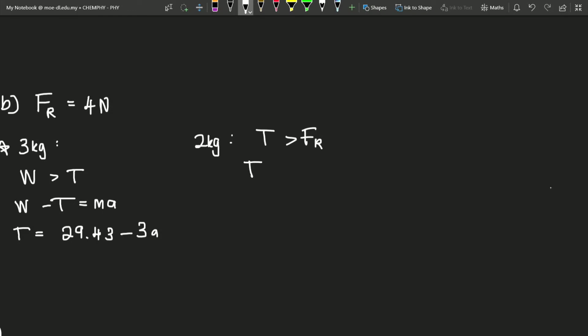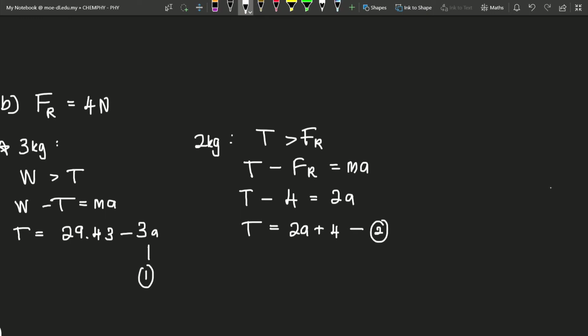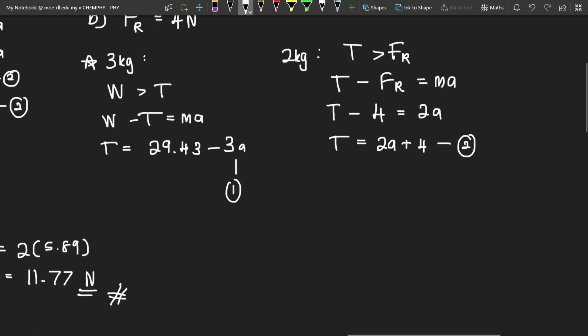So your T minus frictional force will be equal to MA. Frictional force is 4 equal to M is your 2 kilogram A. So your T is 2A plus 4. This is your first equation while this is your second equation. So kita dah ada dua equation. Step kedua, cari T dengan A menggunakan persamaan serentak.